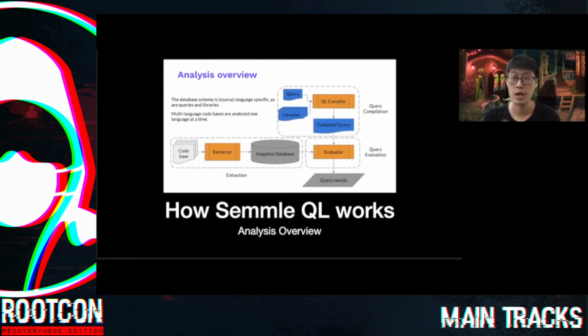And two, a copy of the code to show the query results on. Once we get the database, we can use pre-made queries developed by GitHub or the community, or we can also write our custom queries and use them in many ways.